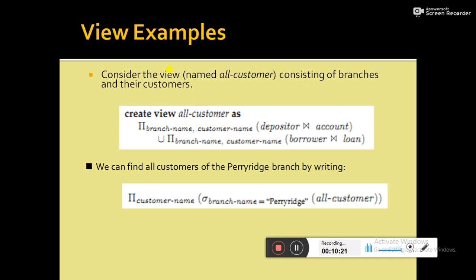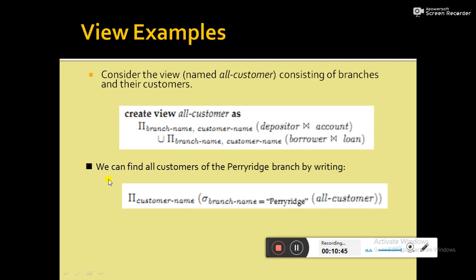Rather, the view all customer stores that particular definition. That means whenever the all customer view is referred to in any other relational algebra query, the SQL engine will execute that definition only.